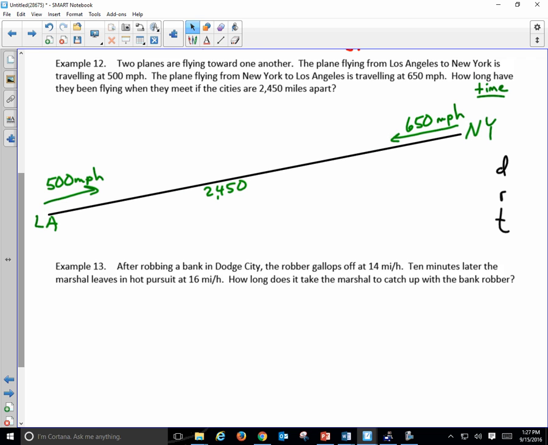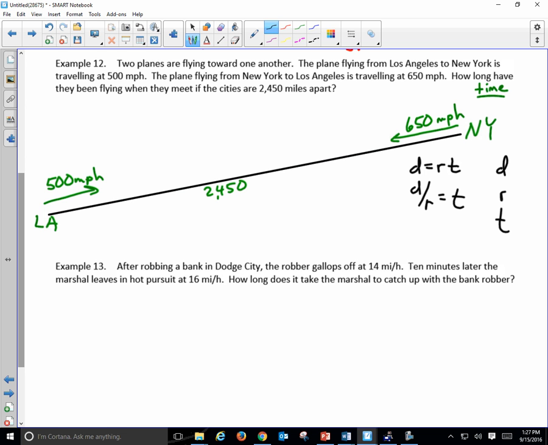So what I want to do is grab my equation. Distance is equal to rate times time, but I want to solve for time. Distance divided by rate is equal to time. If the times are the same, I can simply set them equal to each other, correct?